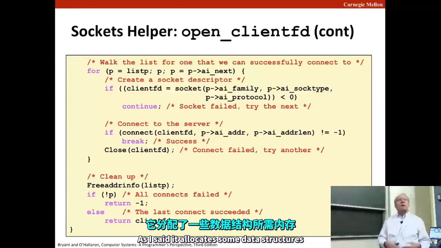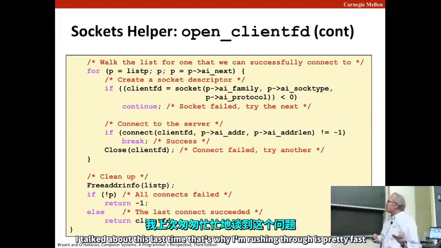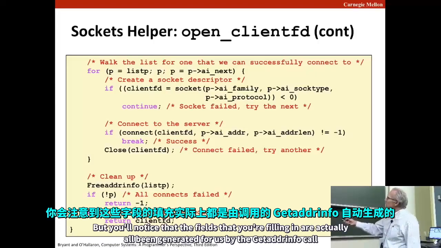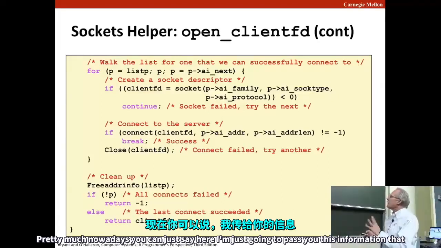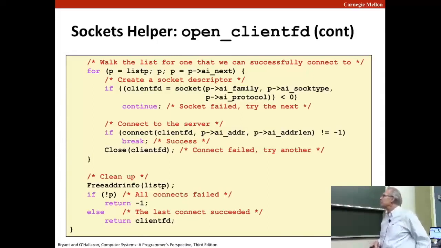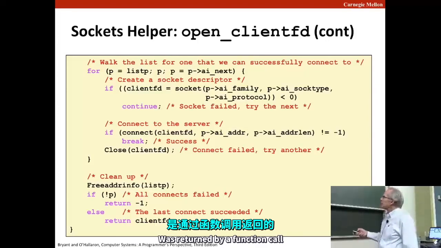As I said, it allocates some data structures. I talked about this last time. That's why I'm rushing through this pretty fast. But you'll notice that the fields that you're filling in have all been generated for us by the getaddrinfo call. Whereas you used to have to remember, oh, this is a number and it should be a short and in network order, nowadays you can just say, here, I'm just going to pass you this information that was returned by a function call.